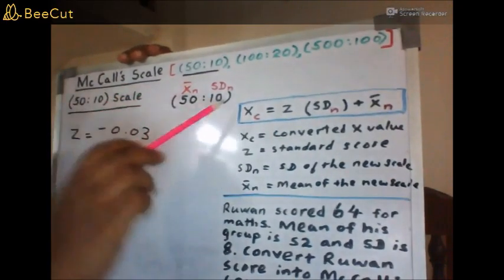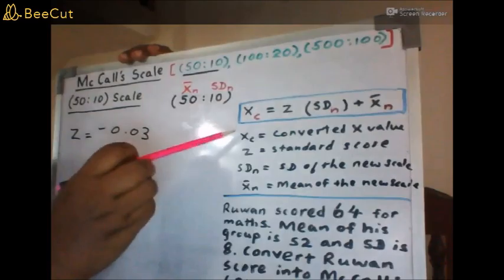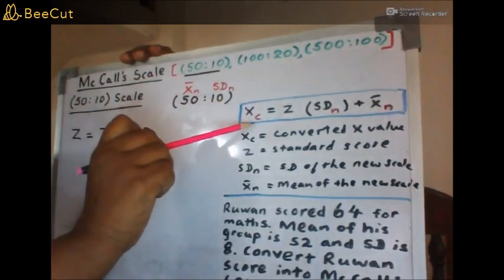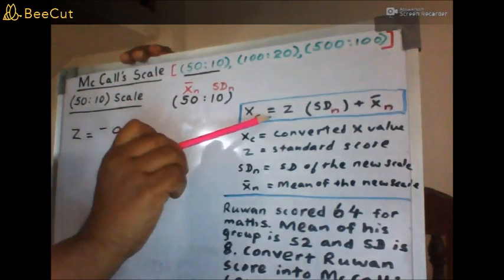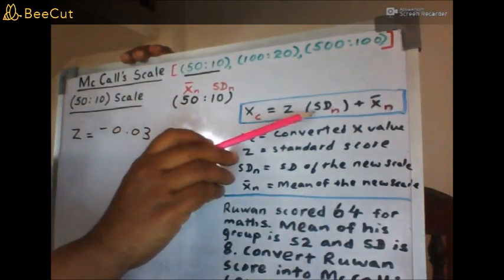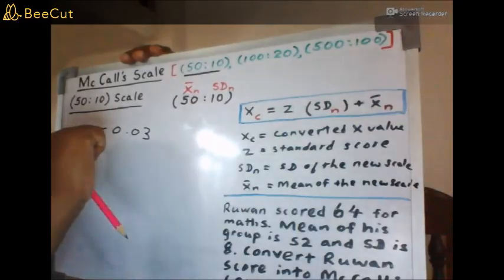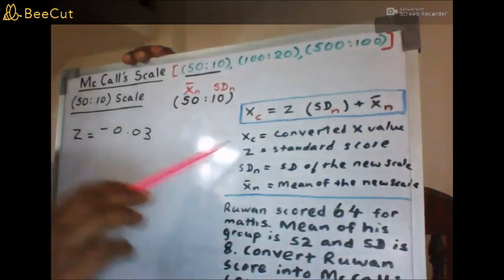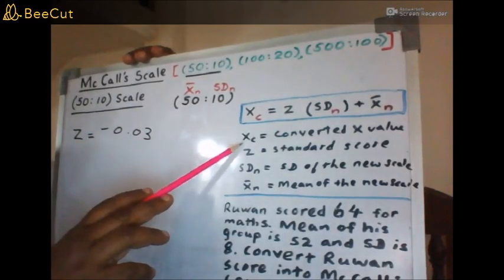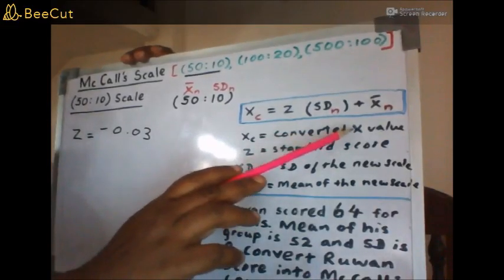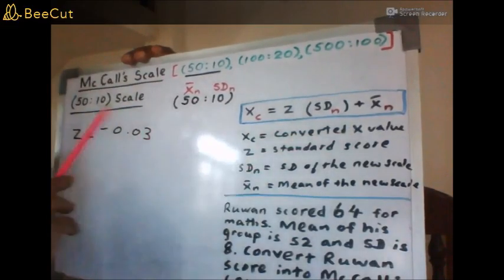The formula for the McCall scale is this: xc equals z into SDn plus x bar n. This is not difficult. What do you mean by xc? Xc means the converted x value. That's what we need to find.